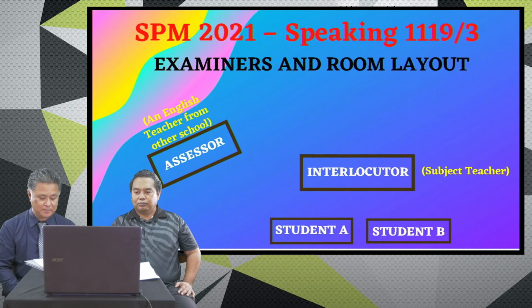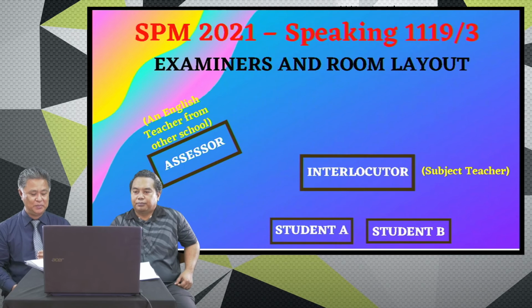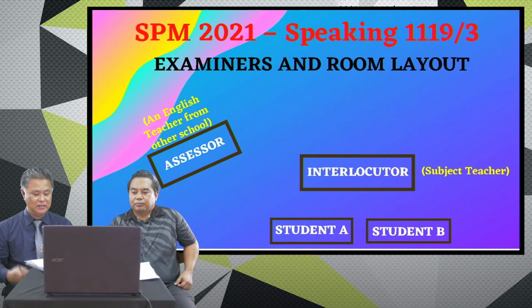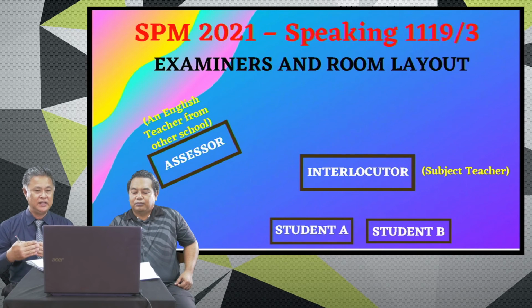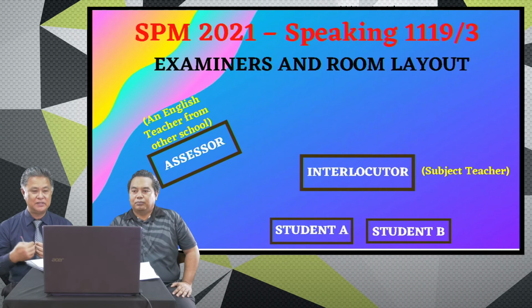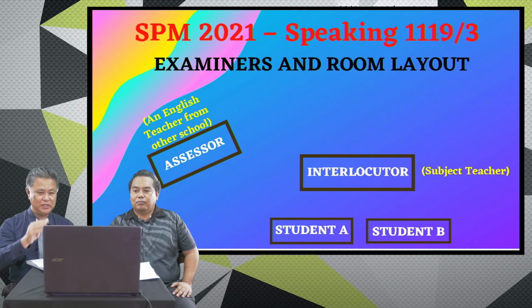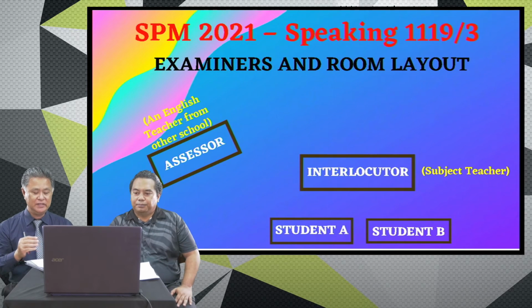The interlocutor is the person who will do the interaction, asking the set of questions throughout the assessment. So the one who does the interaction is the interlocutor, not the assessor.